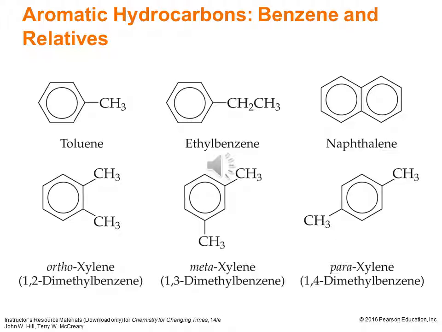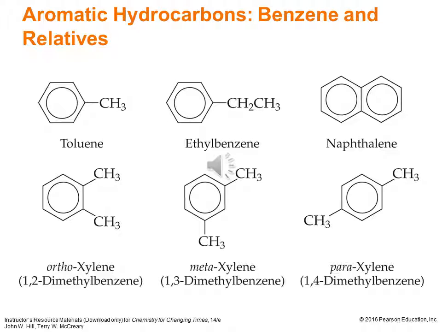And then finally, para would be as far away from each other as possible on the benzene ring, so the 1,4 positions. So we typically prefer to say 1,2, 1,3, or 1,4, but you'll often still see ortho, meta, and para, the older names, being used today, especially, as I already mentioned, paradichlorobenzene is another variety of mothball if you're not buying the naphthalene type.